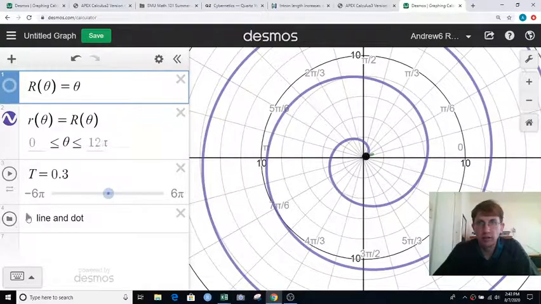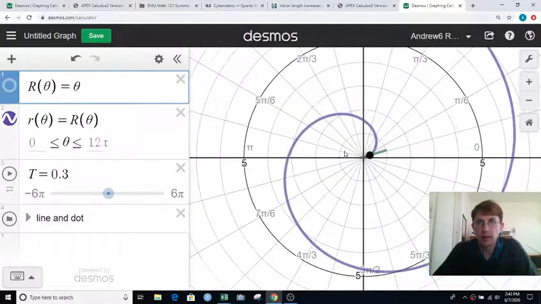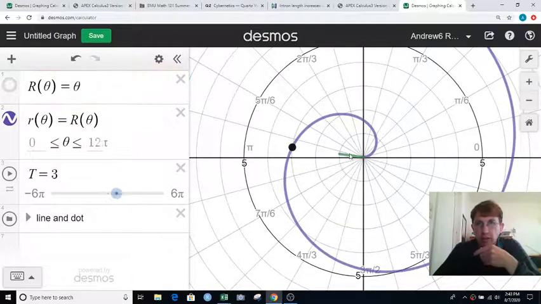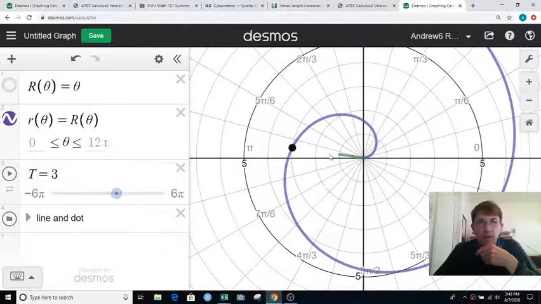I've got a little animation set up here where t is my theta value, and I can slide that. And I've got a little line here pointing in the direction of whatever my current theta value is. So if theta is almost pi, then I'm almost over here at pi radians.